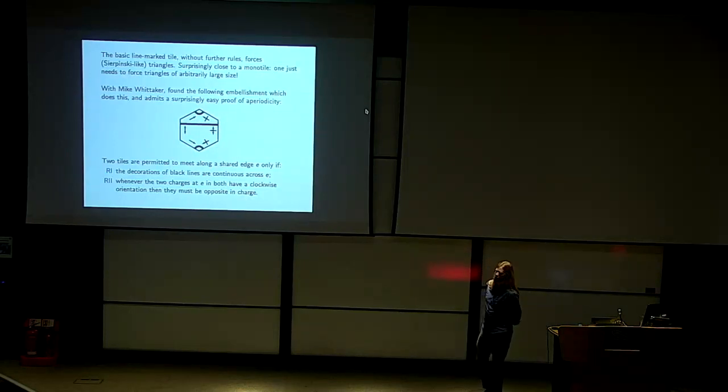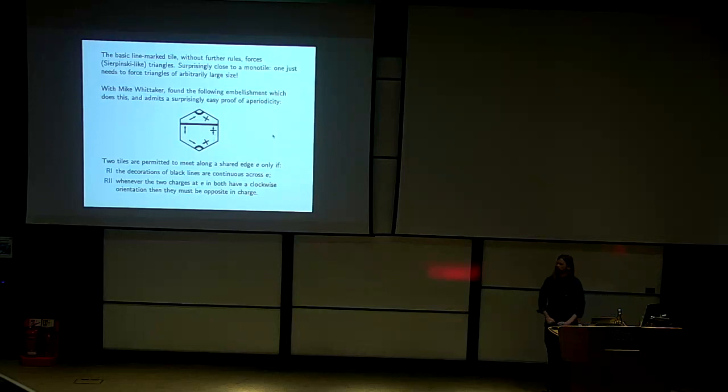So here we have a half-hex tile, but with these extra funny decorations on them, and we should think of these as charges. I've got 3 plus charges on the right and 3 negative ones on the left. And each of them have clockwise or anti-clockwise or both indications on them. So here I've got an anti-clockwise, both anti-clockwise and clockwise, and here a clockwise one, and similarly around that side.